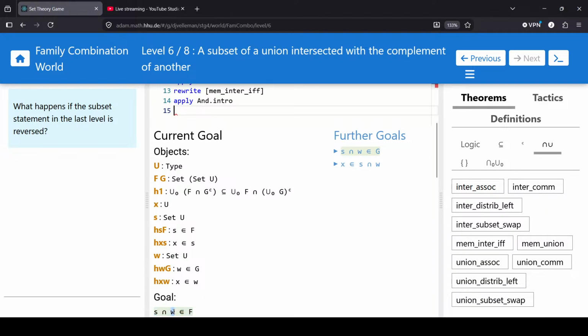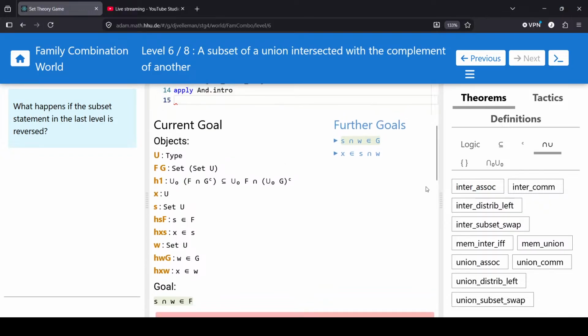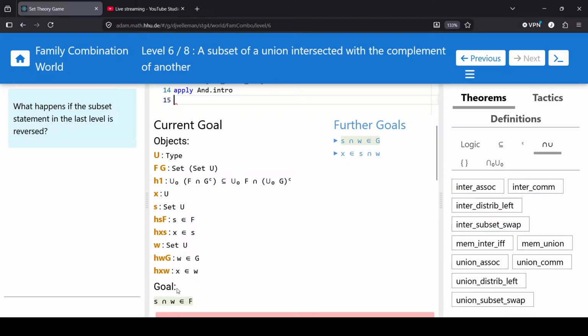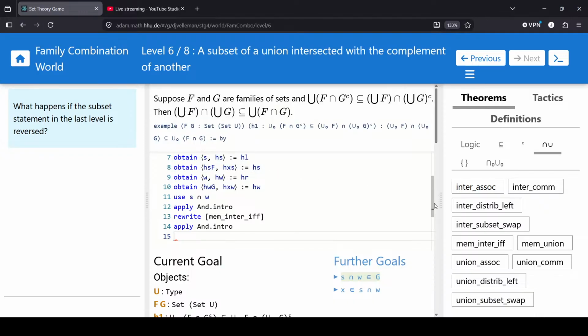Can I prove this? Well, W is not in F. W is in G. Oh, isn't... wait.